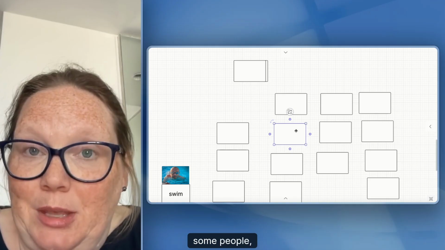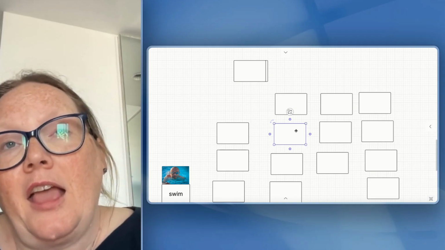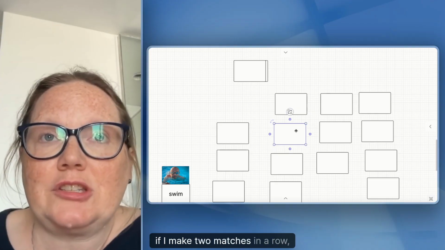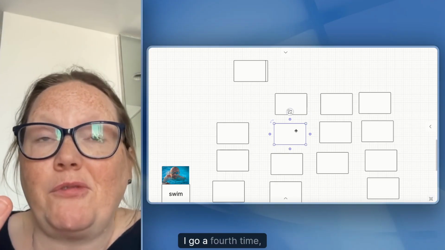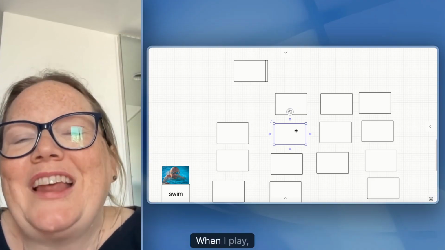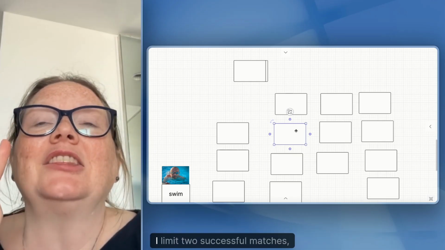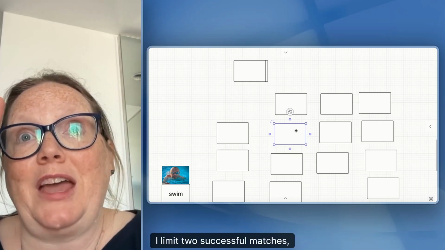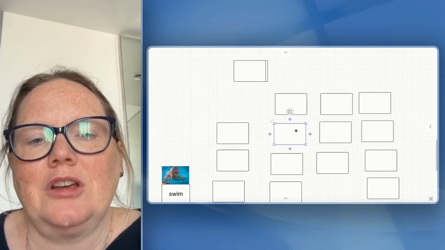Now, some people, when they play this game, if I make 2 matches in a row, I go a 3rd time. If I make another match, I go a 4th time, and I can keep going. When I play for educational reasons, I limit it to 2 successful matches, and then the turn shifts to the next student.